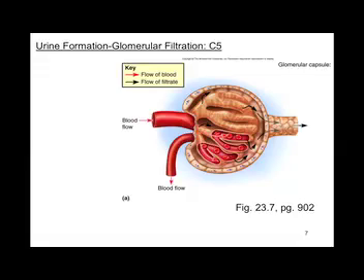You have continuous capillaries, which is what we find in the brain and skeletal muscles and in the heart, pretty much most of the body. We have the fenestrated capillaries, which are found primarily in the glomerulus, and then we have the sinusoids, which are found in the liver and the spleen and a lot of endocrine organs. They're very, very large capillaries with large spaces between the cells that allow substances to move in and out pretty easily.